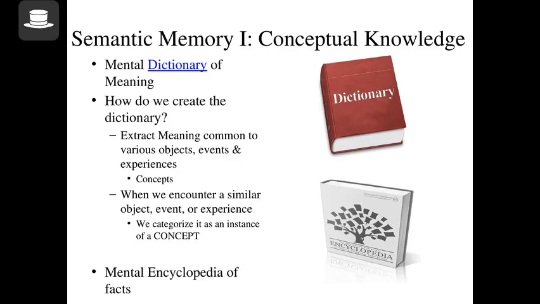So what is the utility of this? Well, the utility of concepts is that when you encounter a new similar object, or event, or experience, then you can easily categorize it as belonging to that concept as opposed to coming up with a new concept.